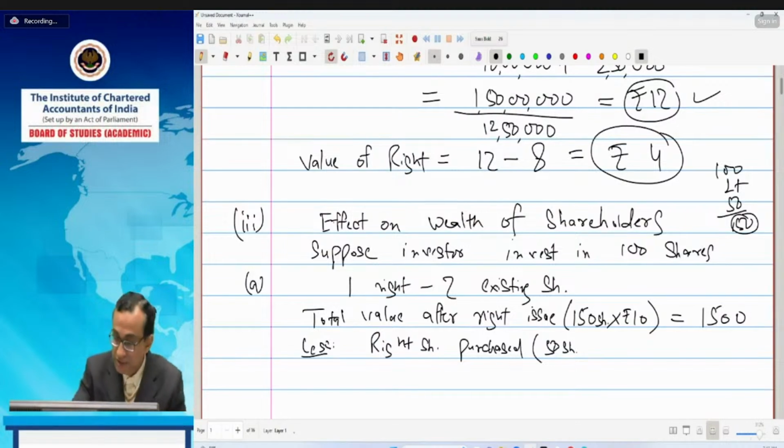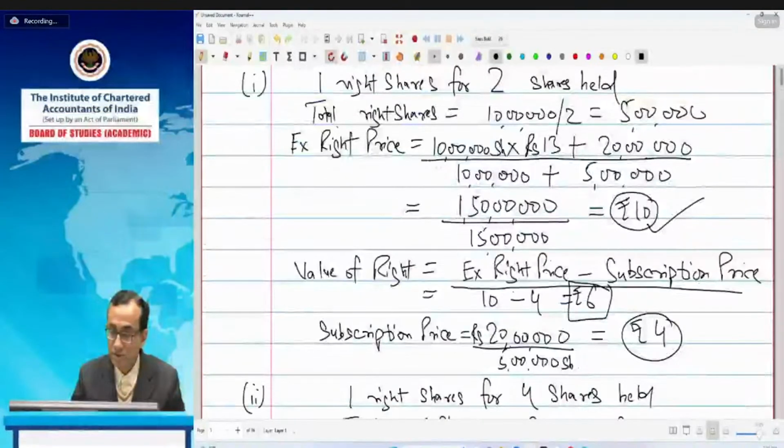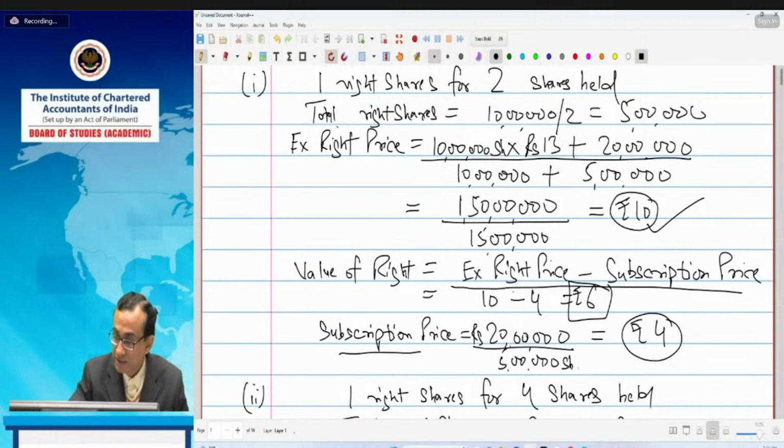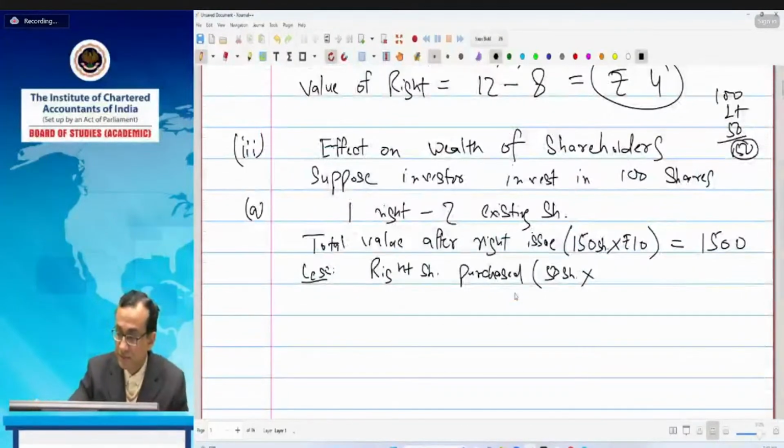So 50 shares multiplied by the right price of the right issue. In situation 1, the subscription price of right is rupees 4. So we will multiply 50 shares into rupees 4. So 50 into 4 is 200.